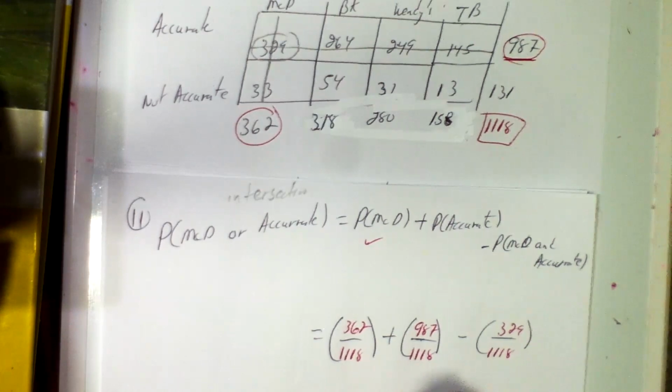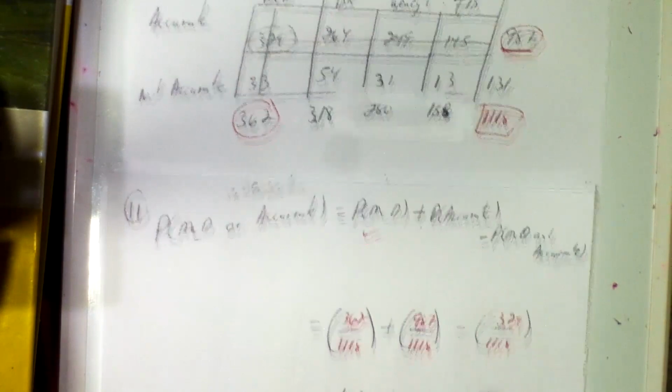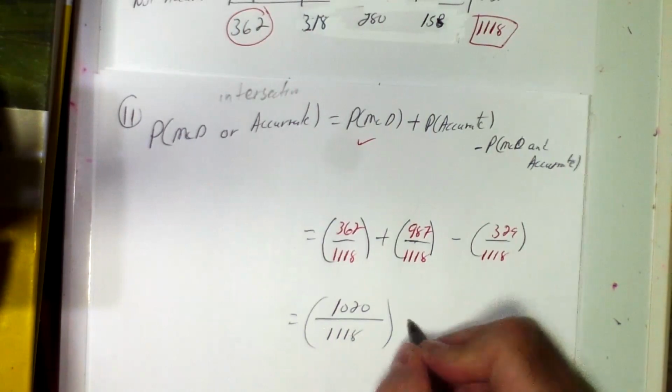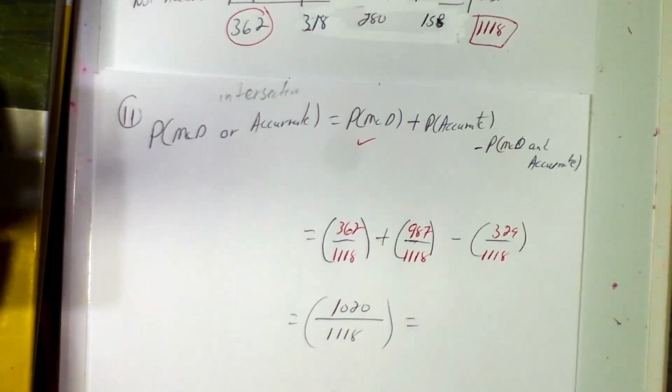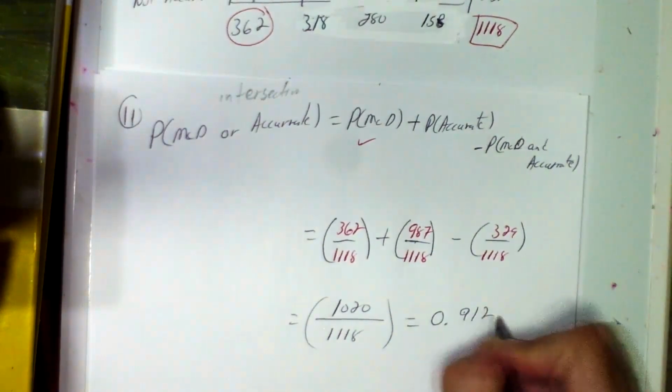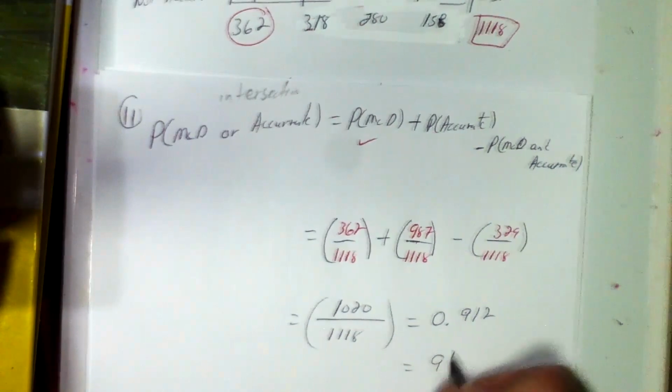That gives 1020. All right, so now I'm going to divide 1020 over 1118. I want to round it to 3 places. 0.912 or 91.2%.